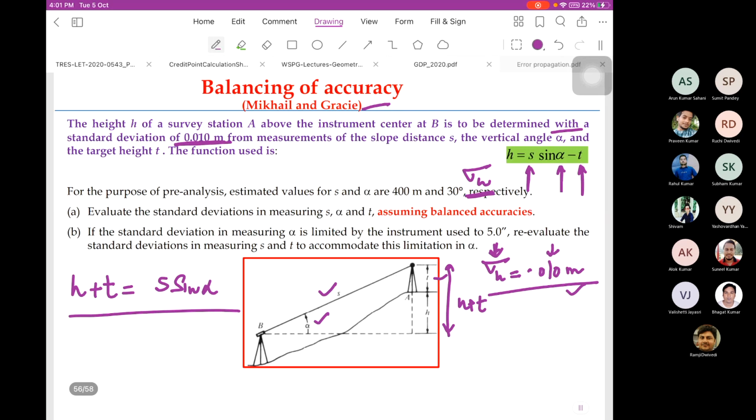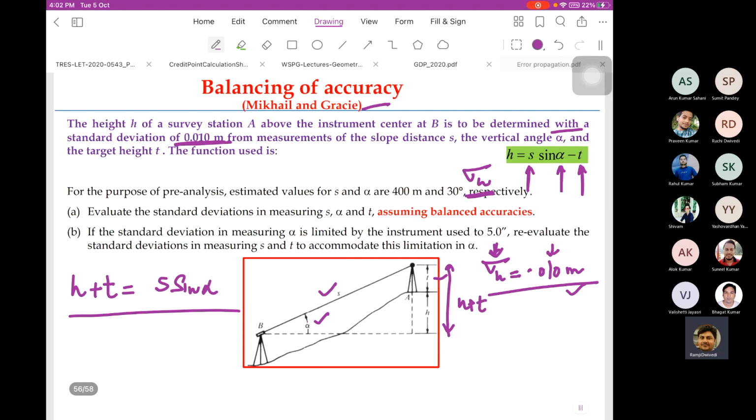Similarly, in our case also, whenever we are assigned a task, the final deliverable, that means the final value which we have to estimate, is defined: you have to have the sigma of this final value as this much. Now, what is really happening?